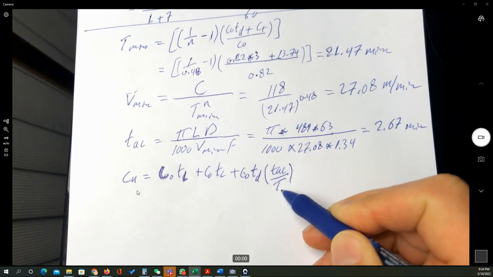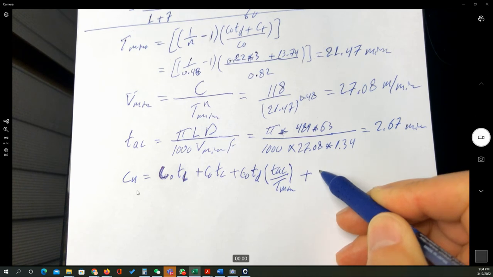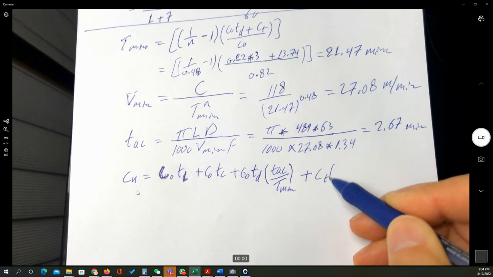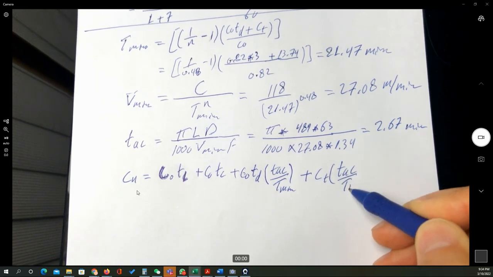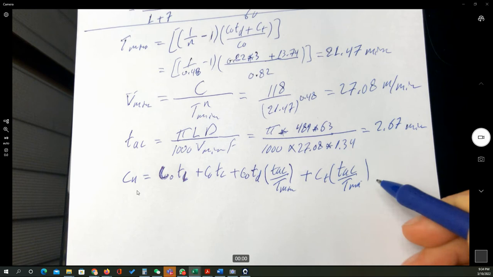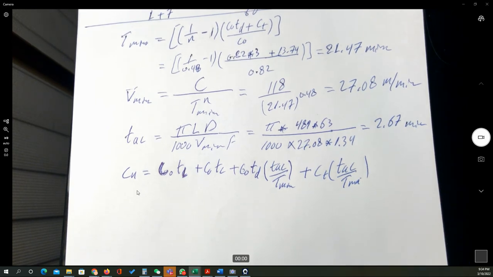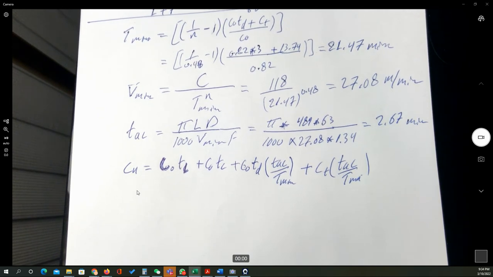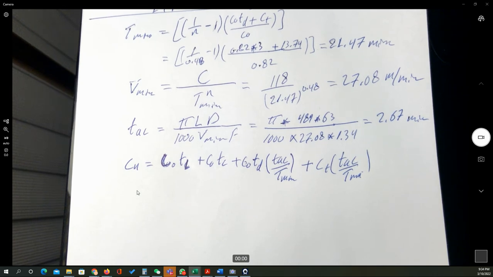Of course, this will be T minimum. And finally, plus the CT multiplied by the TAC divided by the T minimum. So this will give me the cost required to make one piece by using the minimum machine time, the tool life at the minimum speed.